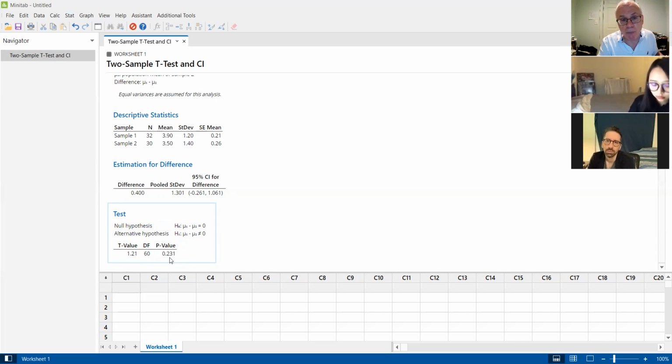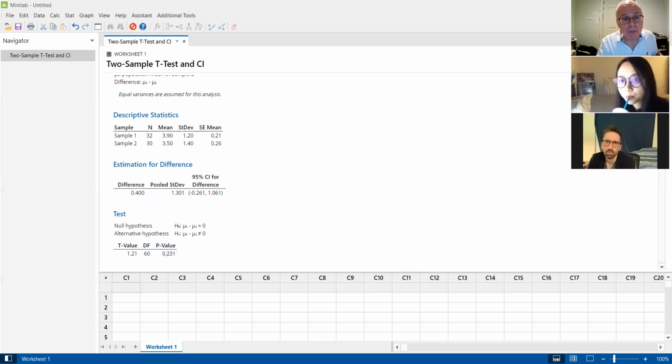Each tail would be something like 0.1155 or something like that, whatever it might be. And you double it and you get this 0.231. Do not double this number. This is the correct p-value. It's giving you the correct p-value. That's why I don't teach this to regular students, because they're going to think, oh, I have to multiply by 2. And they get all confused. The computer has already done all those steps that I've mentioned to you. It's given you the answer here.